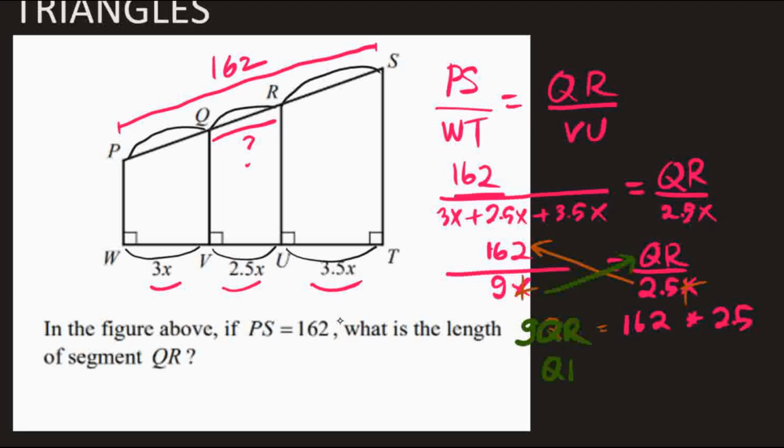Now we want to get the value of QR, which is 162 times 2.5 over 9. And we use the calculator, it's equal to 45. So the length of QR is 45. So the answer is 45.